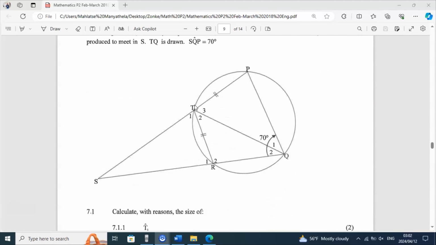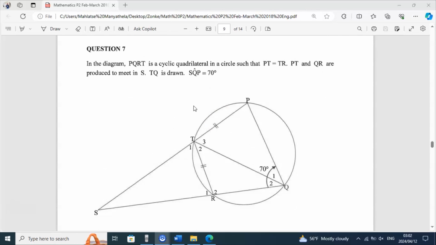What do we notice? PT is equal to TR. Equal chords subtend equal angles, meaning that TQ will bisect angle SQP.